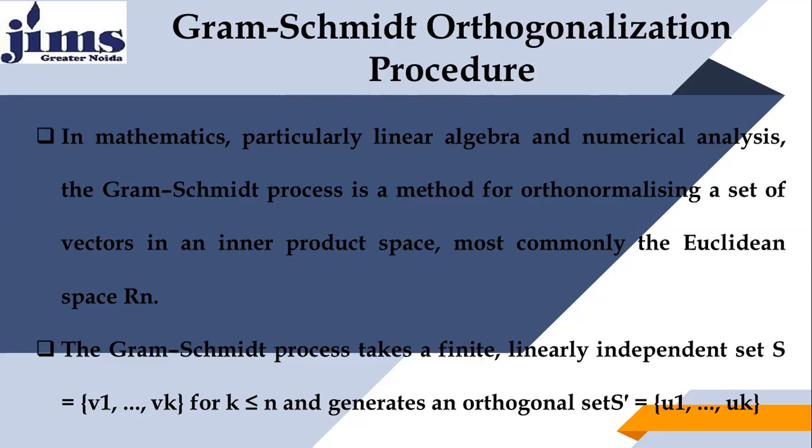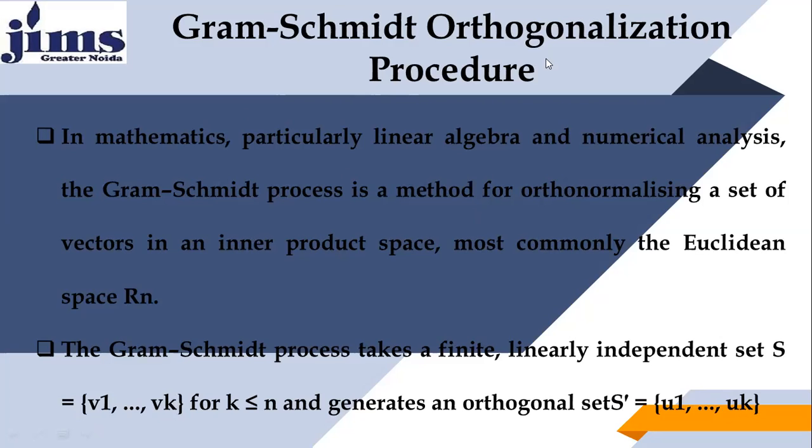The condition is that V1, V2, V3 up to Vk are linearly independent vectors. With their help, you have to generate an orthogonal set S dash that contains orthogonal vectors U1, U2, U3, U4 up to Uk.